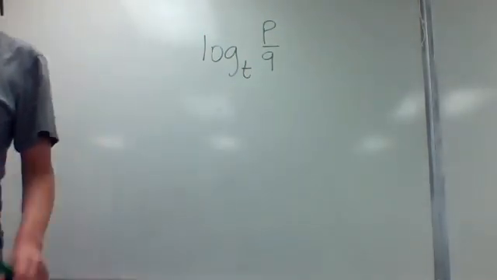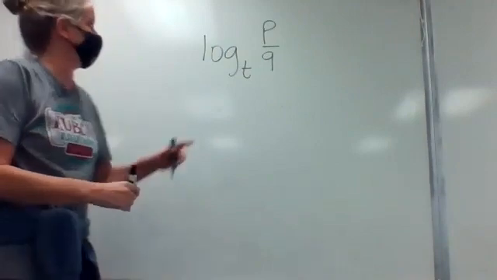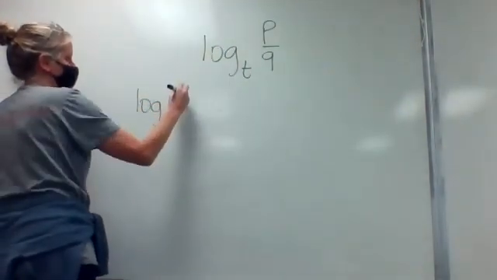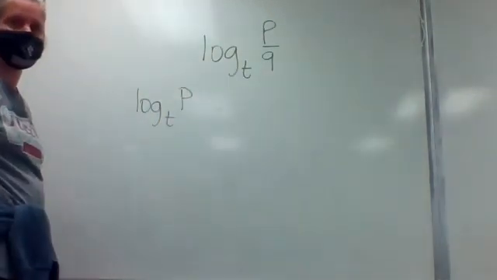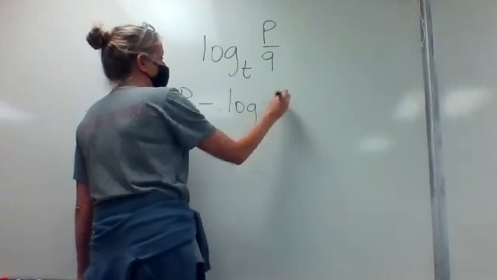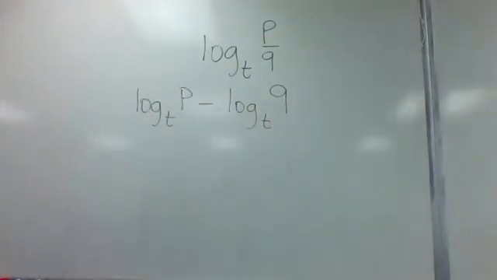So again, you're going to do the top log minus the bottom log. You're going to have log base t of whatever's in the top, p, minus log base t of 9.